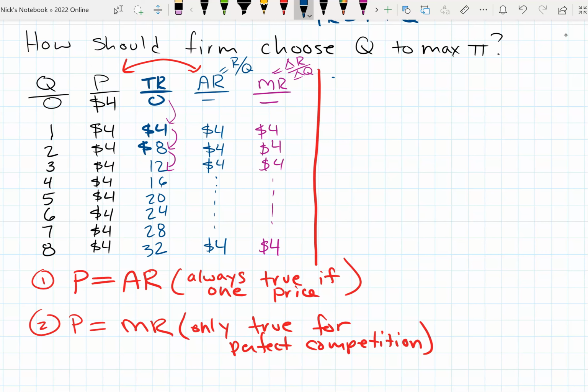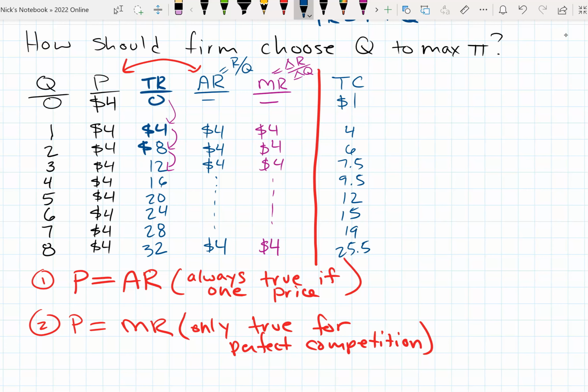So let's put our total costs here. Let's suppose we have a fixed cost of $1, and then our costs go up from there. This is not cost per unit, but total cost: 7.5, 9.5, 12, and 19.